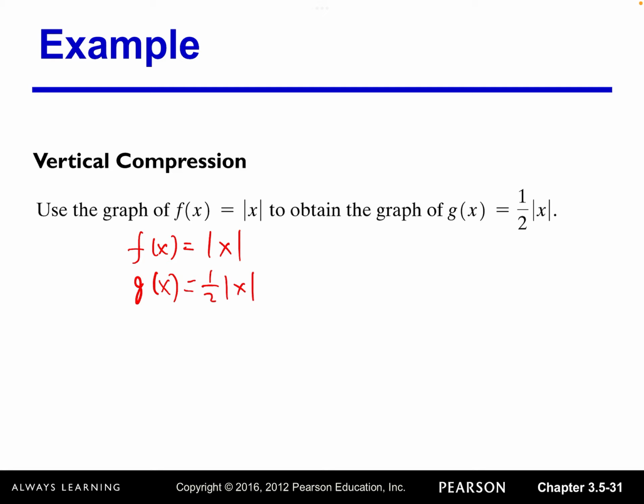The operation is a multiply, so it must be a stretch or compress. We can rewrite this as 1/2 times f of x. Is this an x change or y change? It's 1/2 of y, outside the function multiplied by 1/2, so this is a y change.